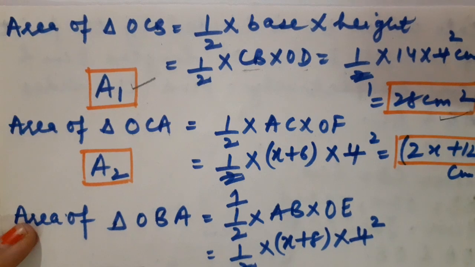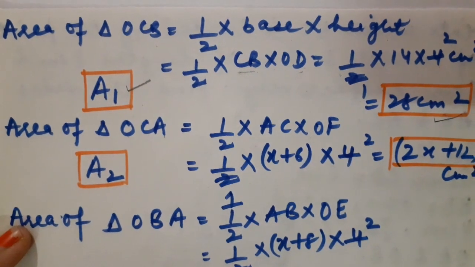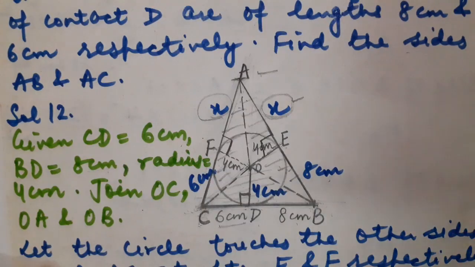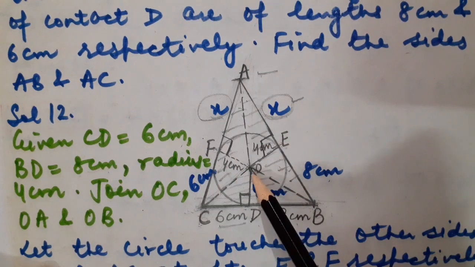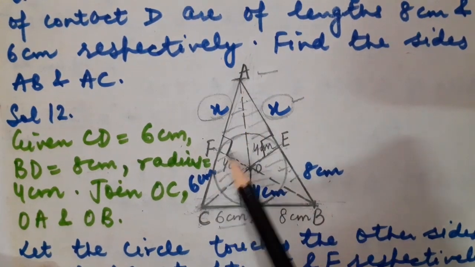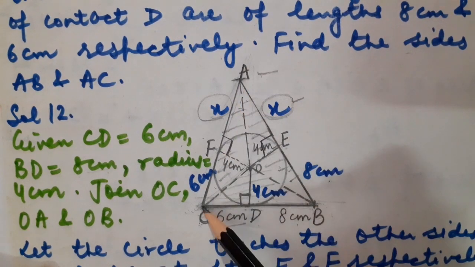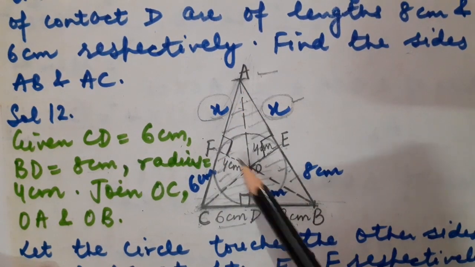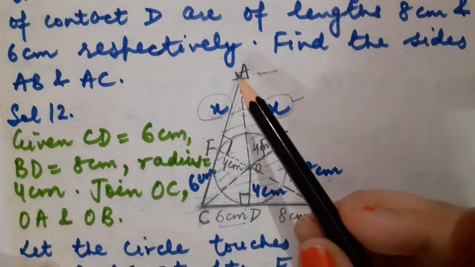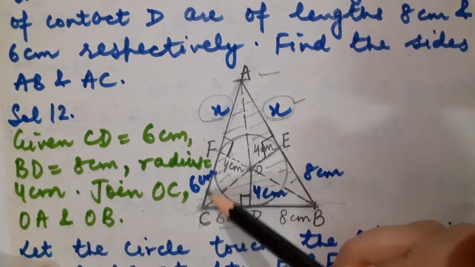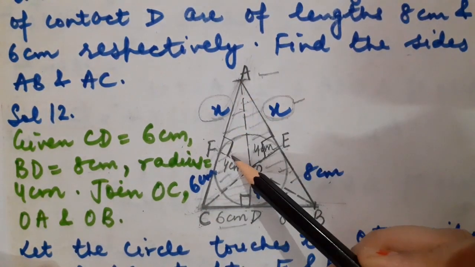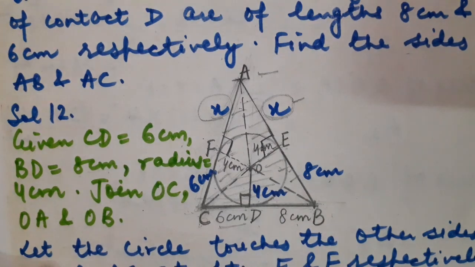So let us check it through the diagram. Please have a look. This is OCA, the left side triangle. So this is half into, what is the base? AC into height OF. So it would be half into complete x plus 6 into 4 centimeter. Fine children?